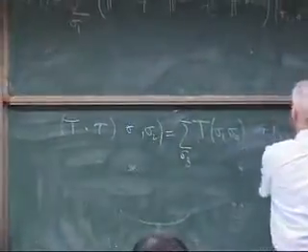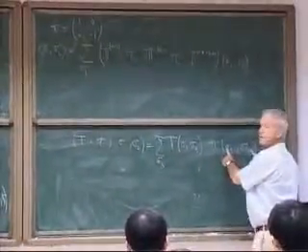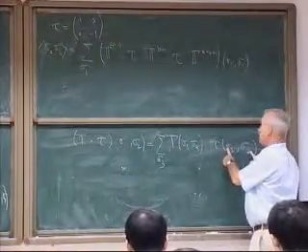But tau is diagonal, so tau of sigma 3 sigma 2 is a delta function of sigma 2 sigma 3.